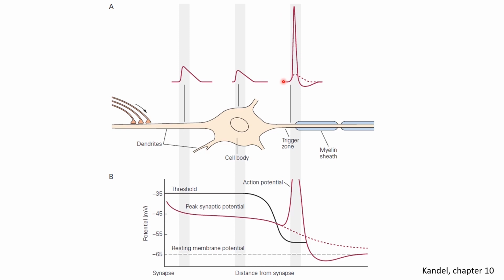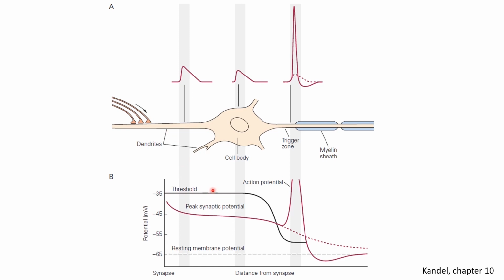And the reason that a smaller depolarization can generate an action potential here, but a larger one cannot generate one here, is because the thresholds are different at these different regions within the neuron. So the threshold depends on the density of the voltage gated sodium channels, and that density is pretty low in the dendrites.